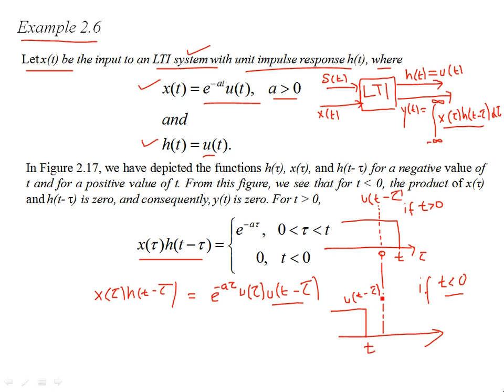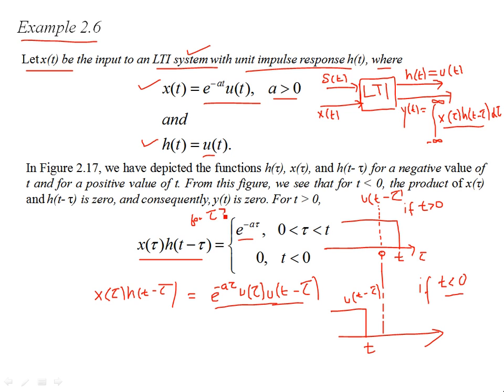If you multiply these two, it will be 0, because this signal exists only for tau greater than 0.